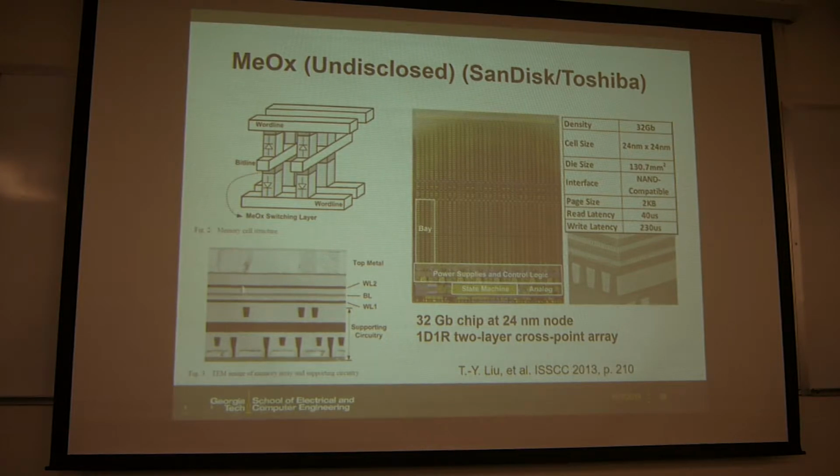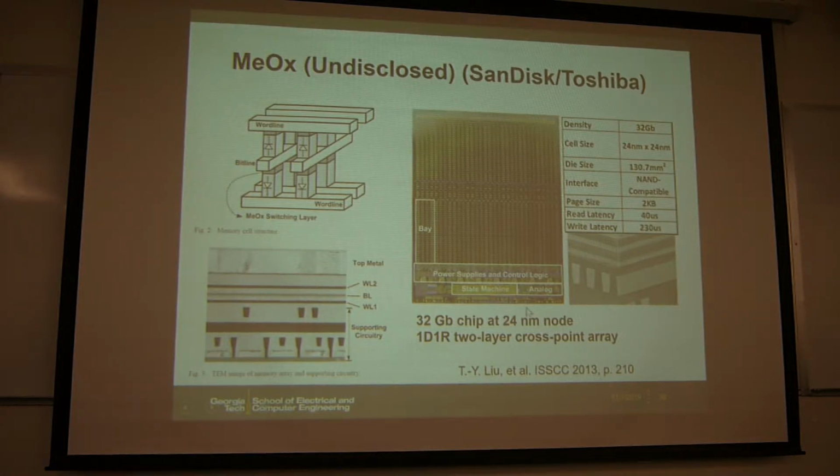And this is a cross-sectional view of the chip, and this is very similar to the 3D XPoint. In the 3D XPoint, we have this kind of cross-point array in the top level interconnect, and then the peripheral transistors are at the bottom.